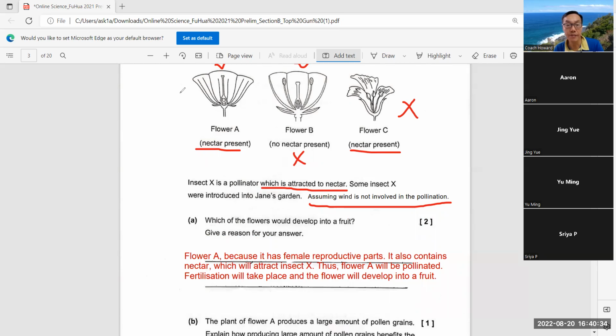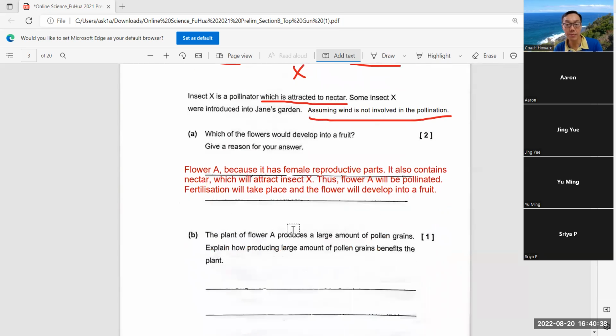Okay, next. The plant of flower A produces a large amount, so you underline this part, a large amount of pollen grains. Explain how producing a large amount of pollen grains benefits the plant. This is a question they can also ask in another manner.